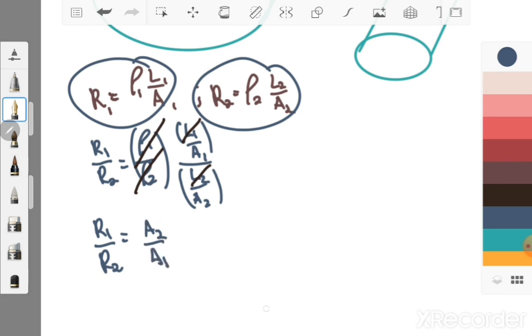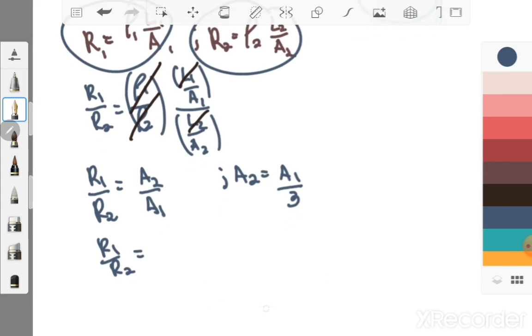Take note that A2 is equal to A1 divided by 3, so R1 over R2 is equal to A1 over 3 divided by A1.